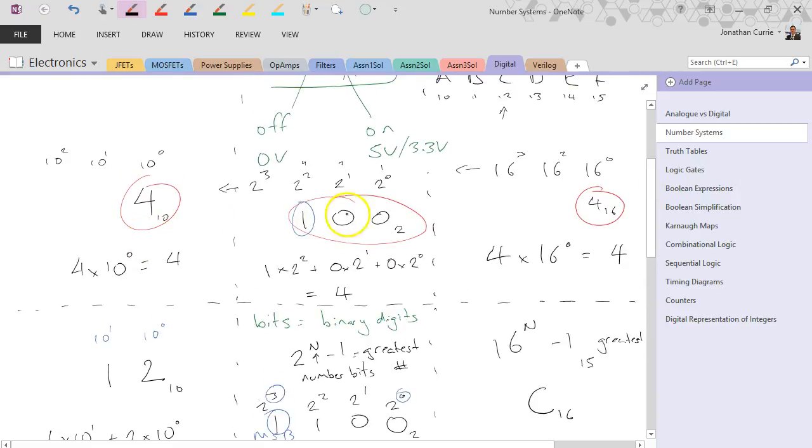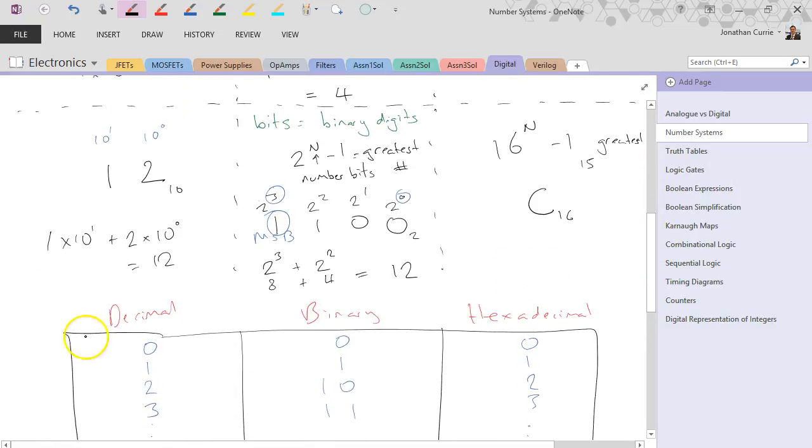Converting between the numbers, right, just looking at the column weights, or the multipliers associated with each one, to be able to convert between the different numbers. And we saw that for a couple of examples here. Remembering that formula, the greatest number that you can represent using a particular base is the base raised to the number of bits or digits minus 1.